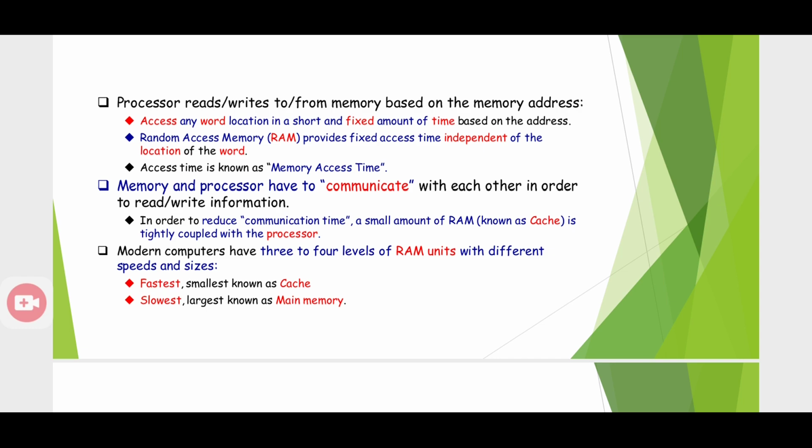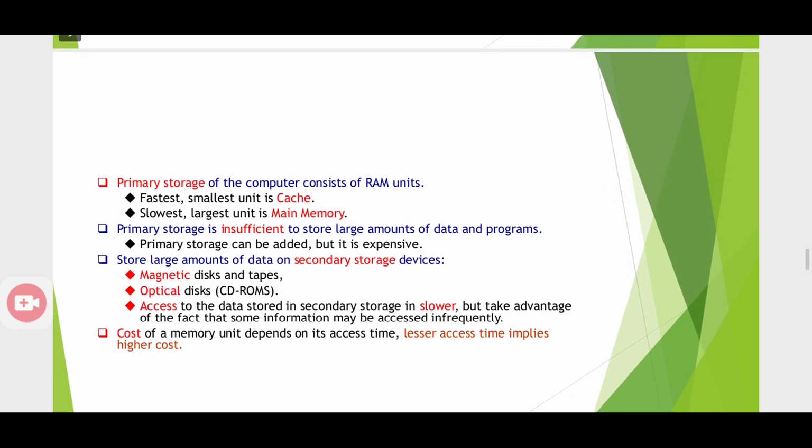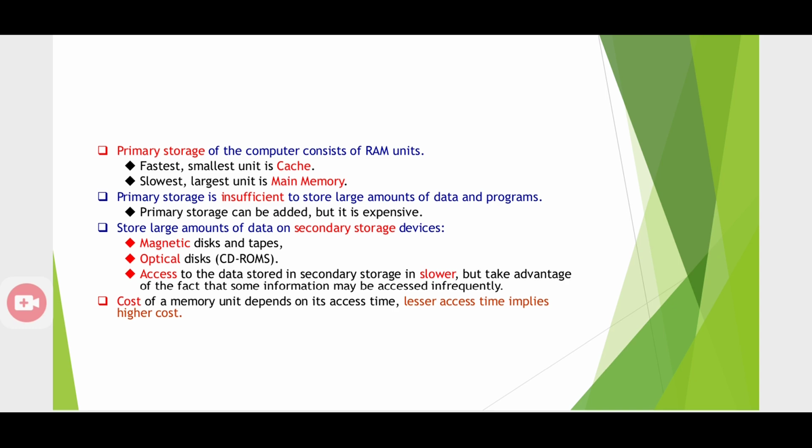The cache memory is the intermediate memory between the register and the main memory. Examples of secondary storage devices include magnetic disk, optical disk, floppy drive, etc.